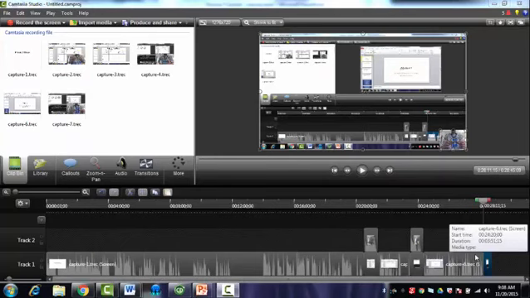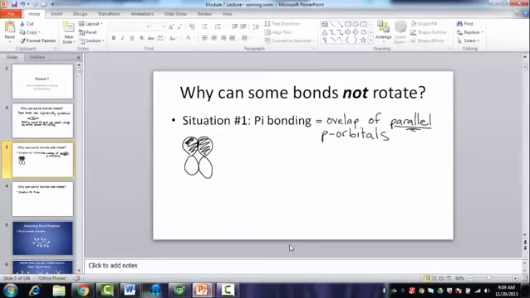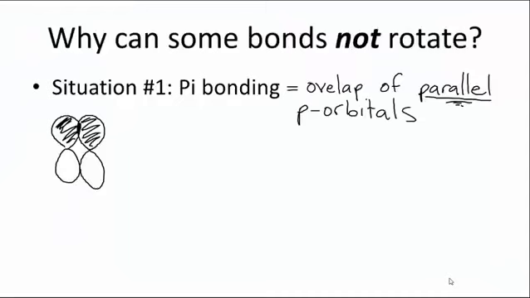Now I'm showing the class. If I take my pi bond, I start rotating, the p orbitals are no longer parallel. And if the p orbitals are no longer parallel, I've effectively broken my pi bond. All right? So rotation around a double bond actually requires breaking of the pi bond, which is hard to do.